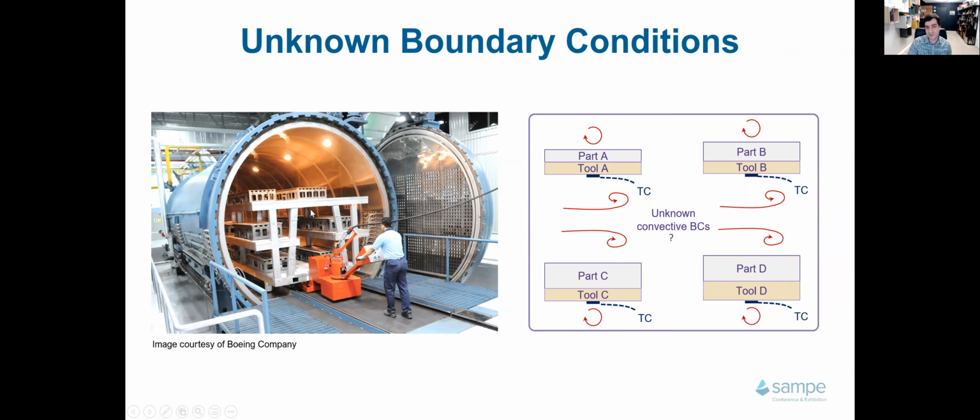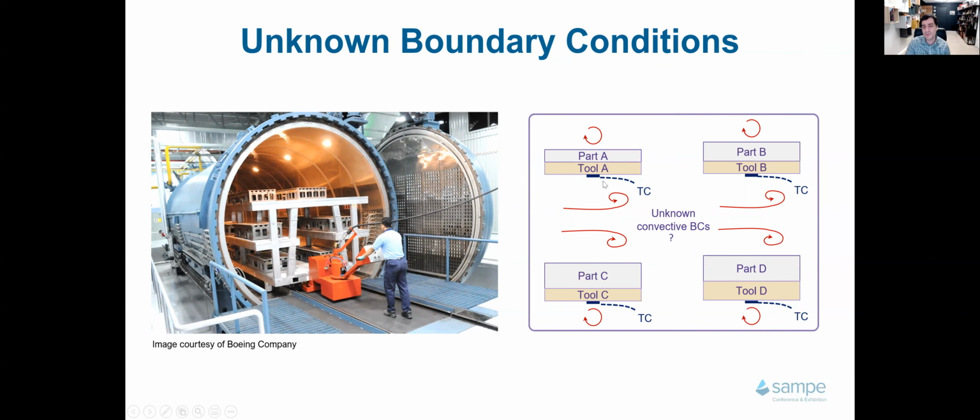It changes the airflow inside the autoclave. As a result, you will get unknown convective boundary conditions in these cases. You wouldn't know the boundary conditions before the parts are loaded, before the door is closed, and before the airflow starts transferring heat to the part and tool. So in this case, you have multiple parts sitting on multiple tools with unknown boundary conditions.